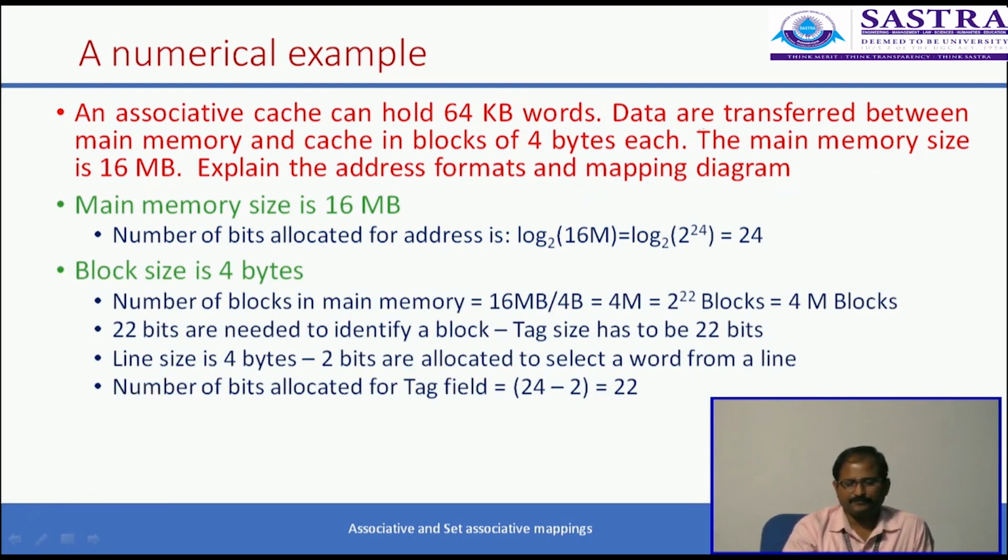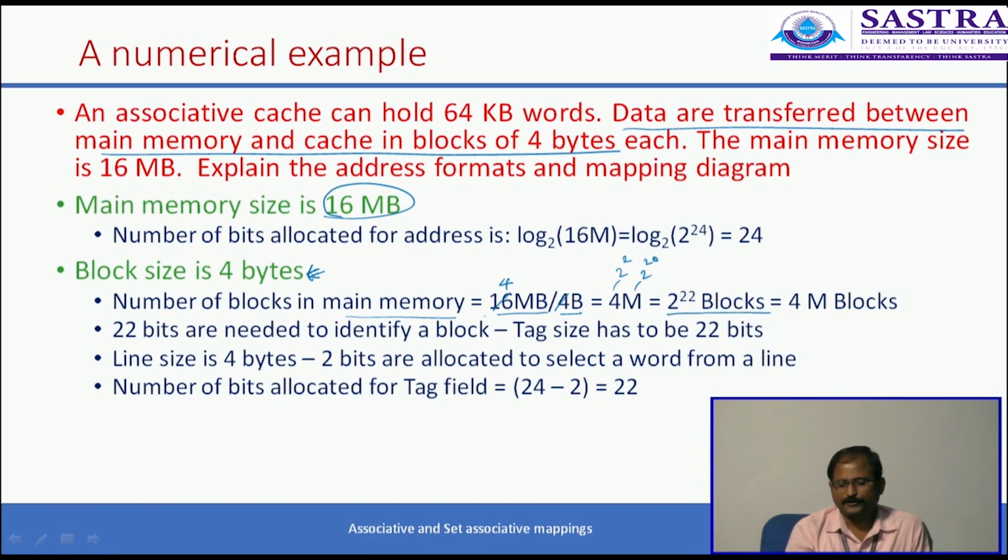In the problem it is given that data are transferred between main memory and the cache in blocks of 4 bytes. So, the block size is 4 bytes. If we know the block size, then we know the number of blocks available in the main memory. The number of blocks in main memory is equal to the total size of main memory divided by the size of one block, 16 MB divided by 4 B, that is equivalent to 4 M. 4 is 2 power 2, M is 2 power 20.